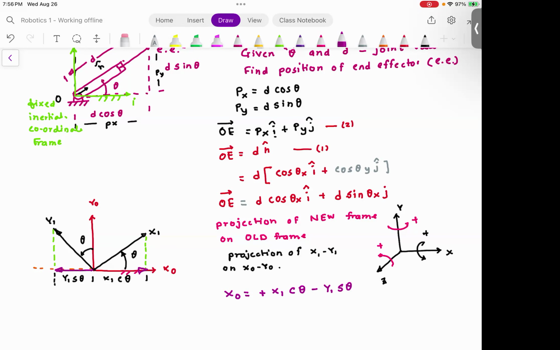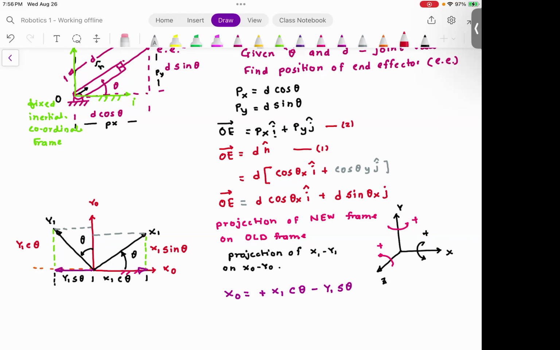Now I want to find out the projection of x1 y1 onto y0. What should I do? Perpendiculars. So this is one perpendicular and this is the second perpendicular. And you can tell me that this distance is going to be x1 sine theta and this distance is going to be y1 cosine theta. Do you agree with me?